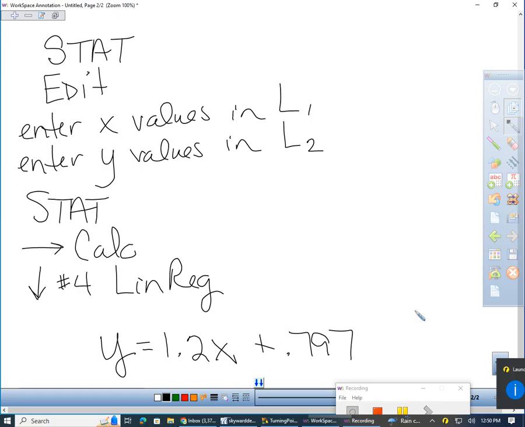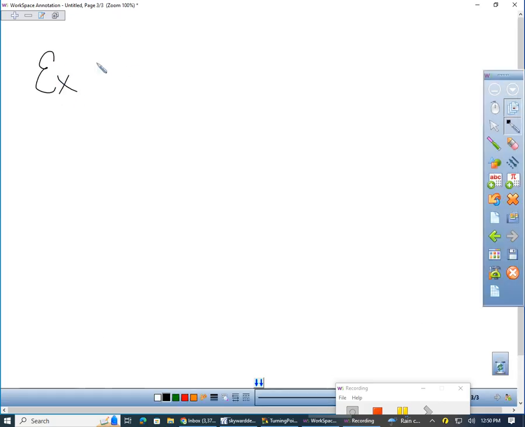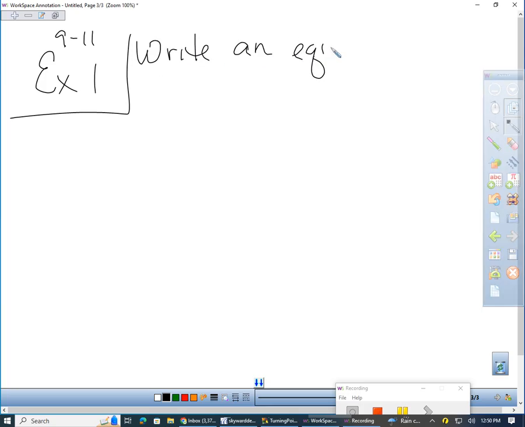So, for example, here we go. Example number 1. This will be for questions 9 through 11. Write an equation of a trend line, which is the line of best fit.